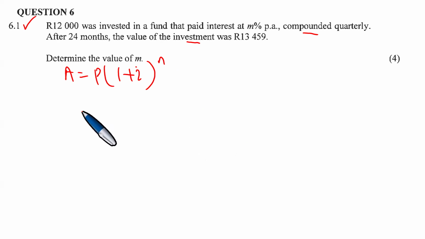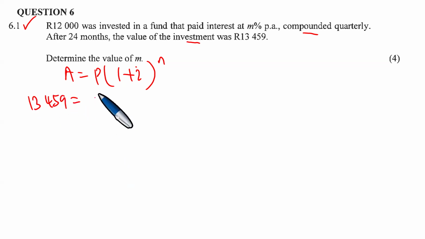Be that as it may, 12,000 was invested in a fund that paid interest of M% per annum compounded quarterly. After 24 months, the value of the investment was exactly 13,459.